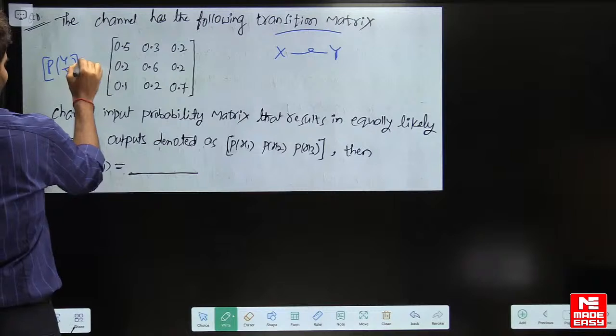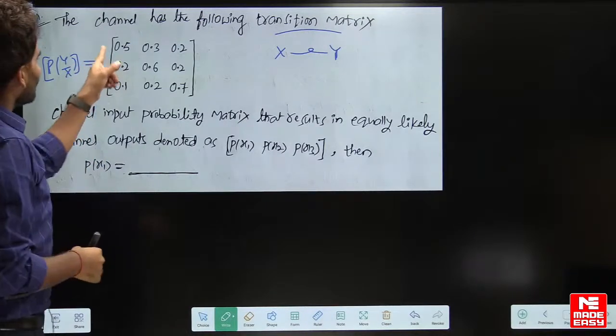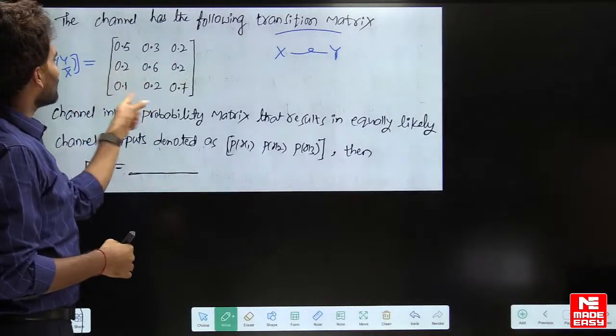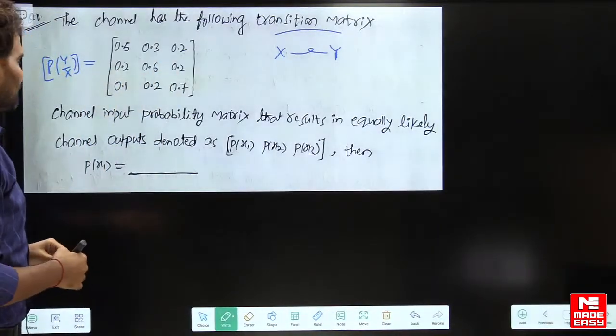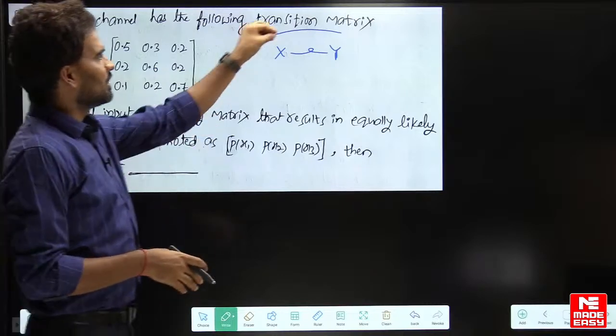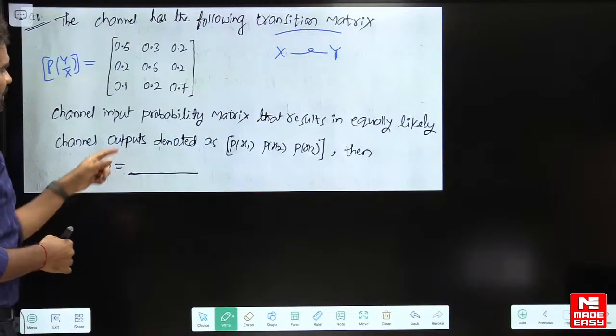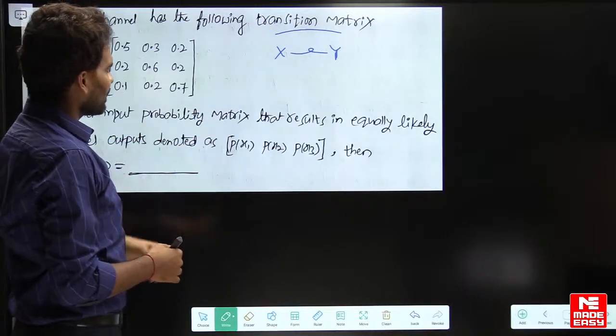It is the P(Y|X) matrix because the sum of the elements of each row is 1. And this conditional probability matrix is the P(Y|X) matrix, and then the channel input probability matrix.